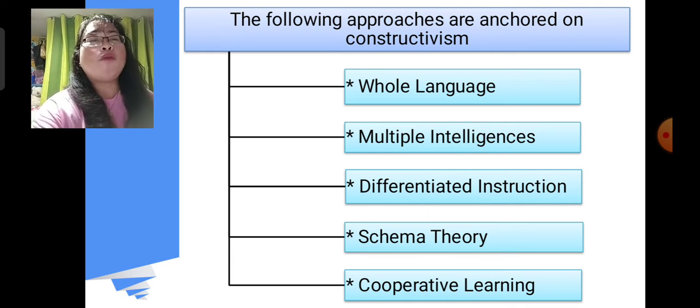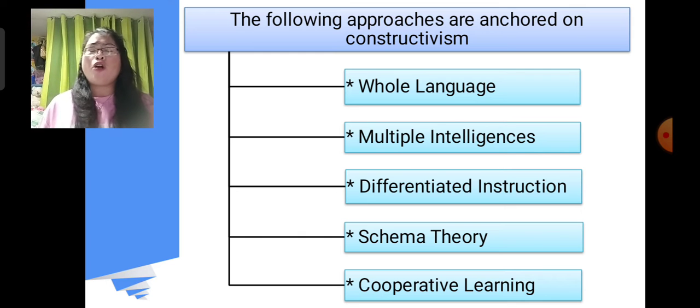Next one is cooperative learning. Cooperative learning is a teaching method where students of mixed levels or abilities are arranged in groups and rewarded according to the group's success, rather than the success of an individual.